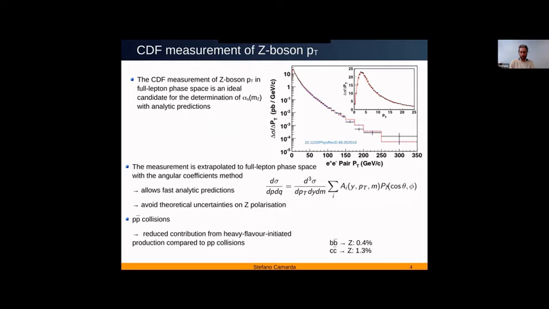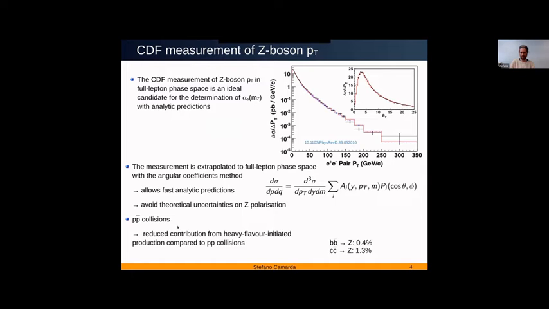The technical advantage is that we can work in full phase space with fast analytic predictions, and we also avoid theoretical uncertainty on Z polarization and also on linear power corrections related to lepton cuts. These are usually not very large, but it's still an interesting advantage. The other advantage of working with Tevatron data is that we are in p-pbar collisions, and an important point is that we have a much reduced contribution from flavor-initiated processes compared to the LHC.